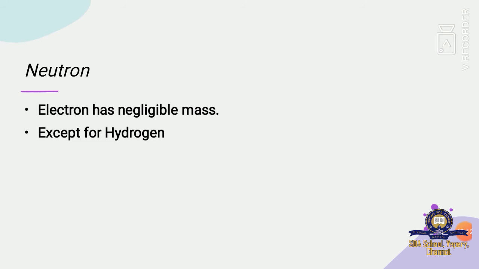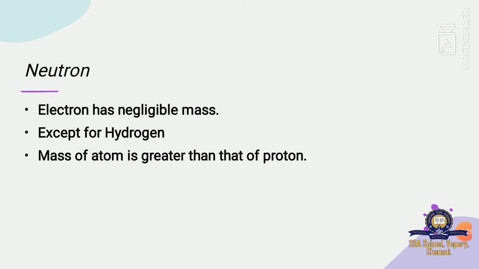So usually electron does not have a large amount of mass, but proton has. So in order to calculate mass, we usually calculate proton alone, but for hydrogen the mass is greater than proton, which means there is another particle which is present in the atom.